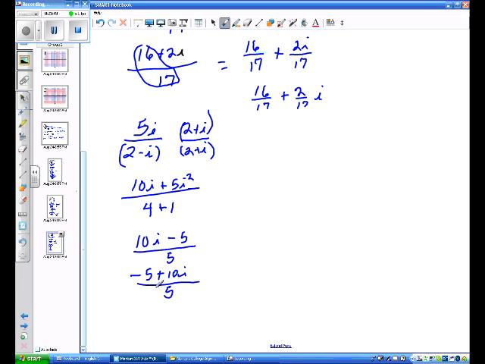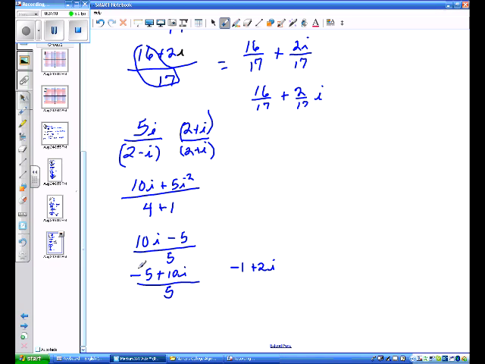You can't just reduce one if you leave it in this form. And so in this form, all of these are divisible by 5. So we would have negative 1 plus 2i, and then divided by 5, which would simply be 1. If we divide each one of those by 5, it would be over 1, and that would be our answer.